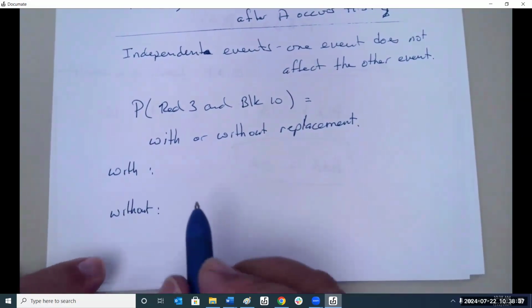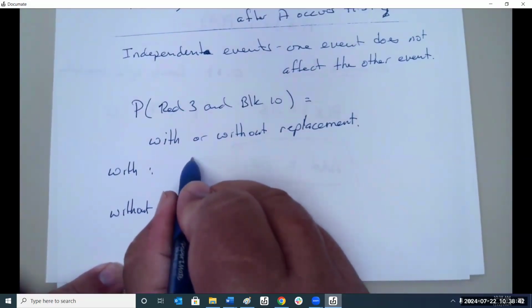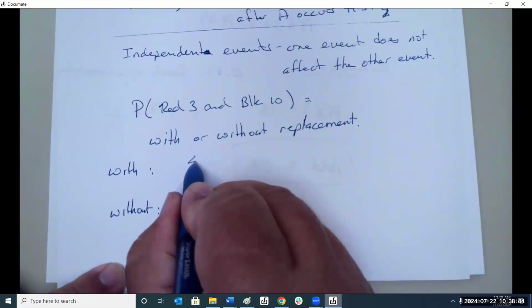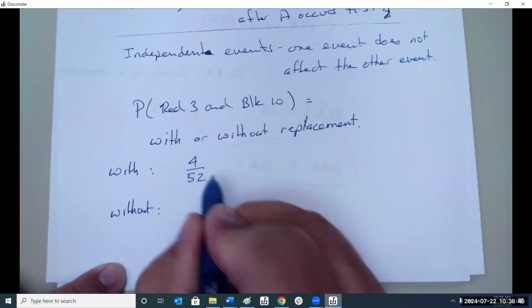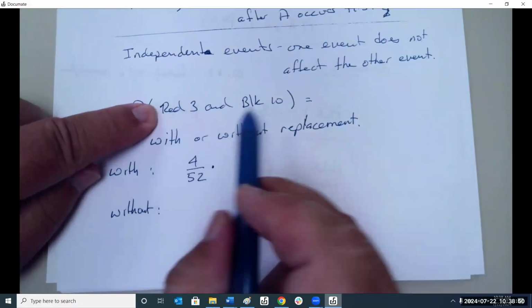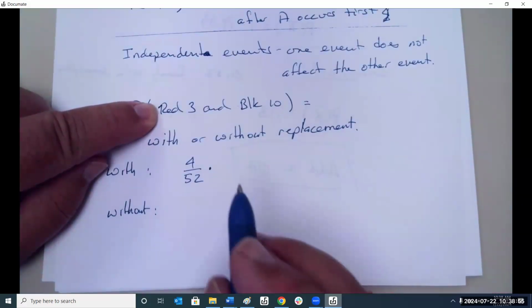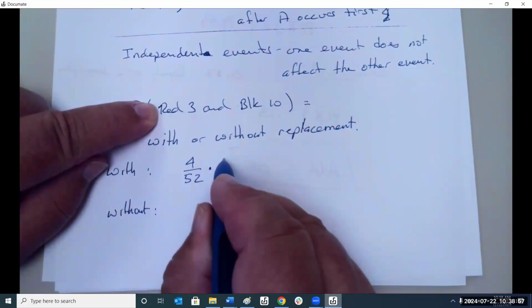So with replacement, what's the probability of picking a red 3? 4 out of 52. Now that 3 occurred, what's the probability of the second time picking a black 10? Yes.